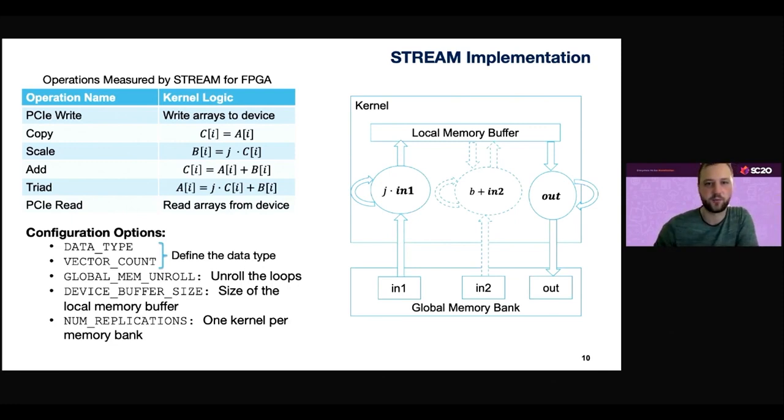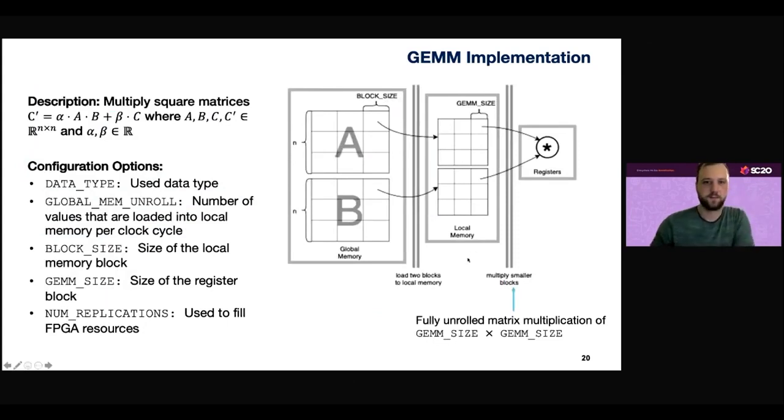And this worked for most of the benchmarks. For STREAM, it works. For random access, it's the same. For FFT also. For GEMM, we needed to change the calculation, maybe to shortly go through this.